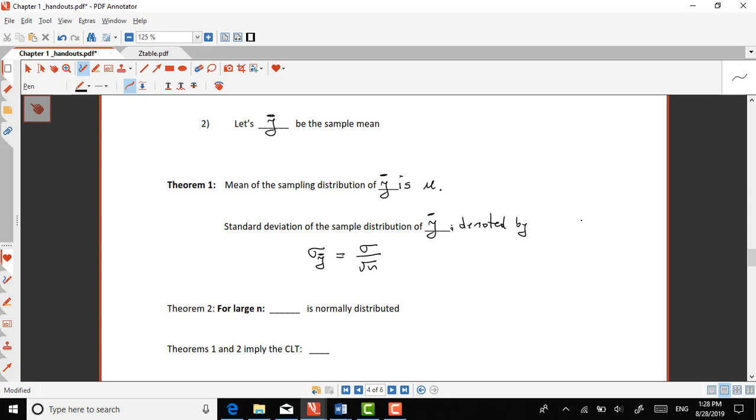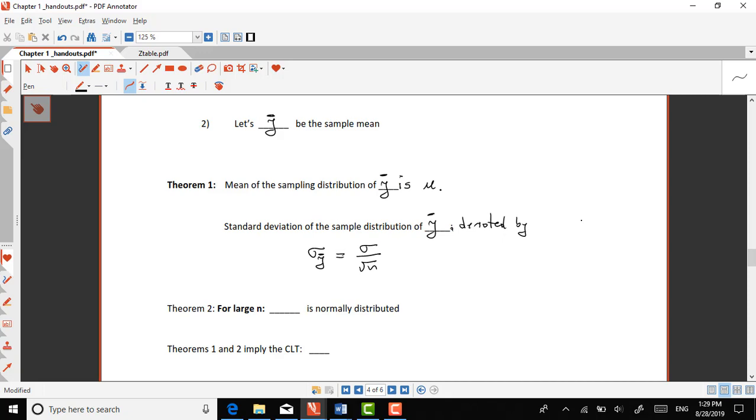So remember, we're talking about the distribution of y bar. We know that it has the same mean as the mean of the original variable, and the standard deviation is going to be the standard deviation of the original variable divided by the square root of n. So the variability is going to be small.